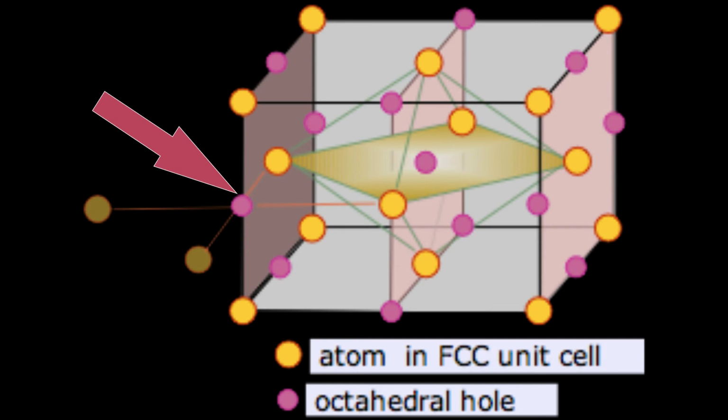Out of them, 4 are at the center of faces of different cubes, of different unit cells maybe, and one is there above which is at the corner of the cube, and one is there below which is at the corner of the cube. It is also the same octahedral arrangement as I discussed for the central pink atom.